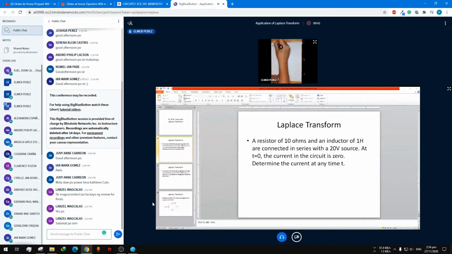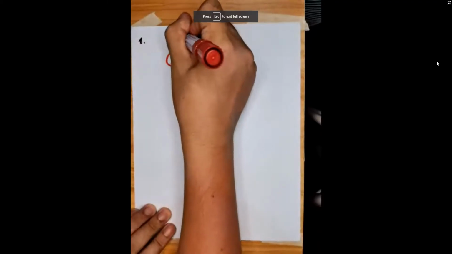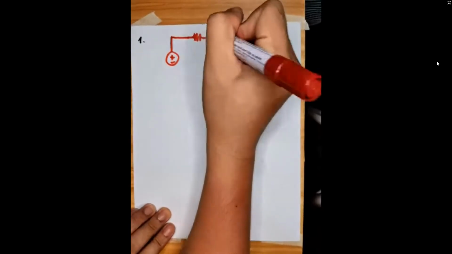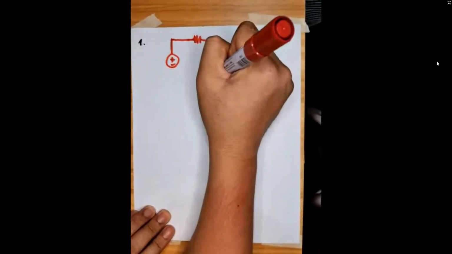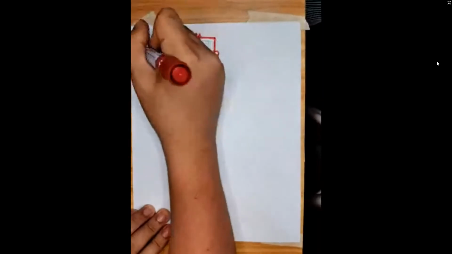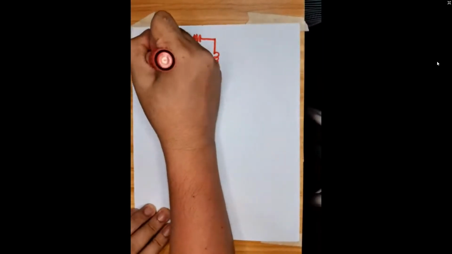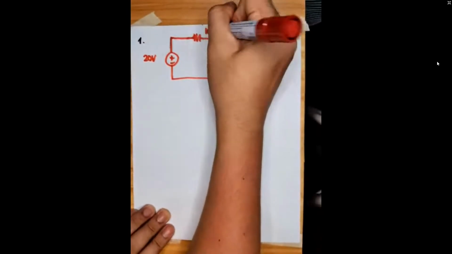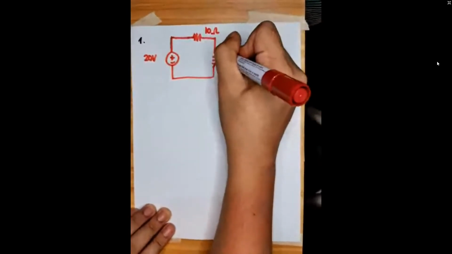If you draw the figure, we have a resistor and an inductor, a 20-volt source, 10 ohms, and 1 Henry.